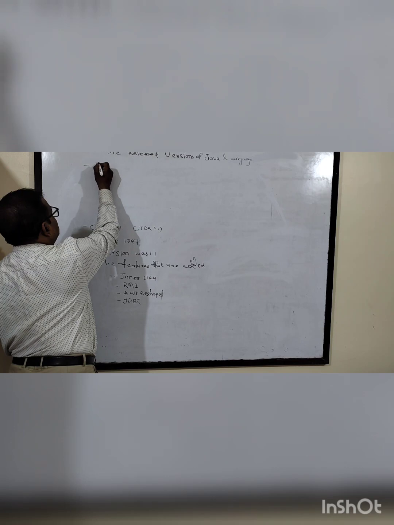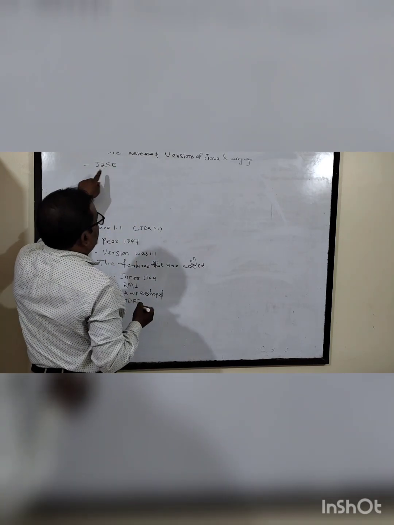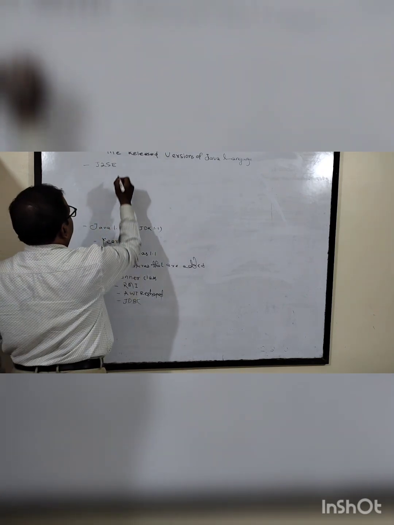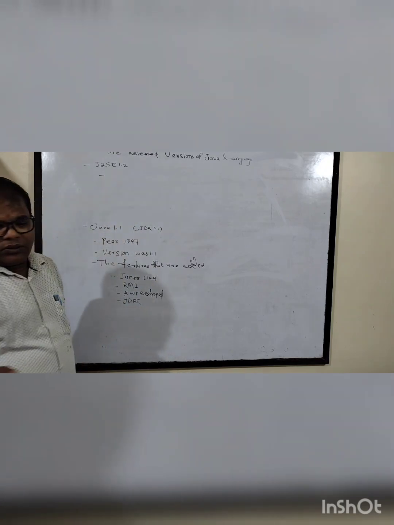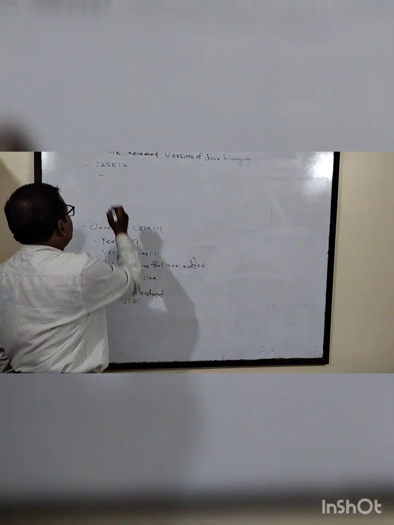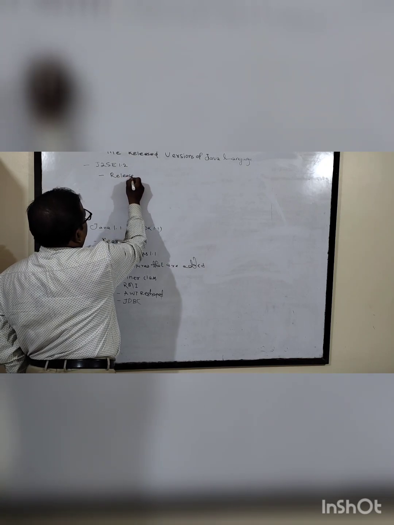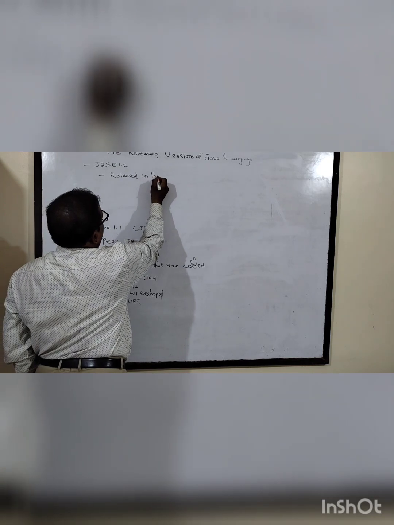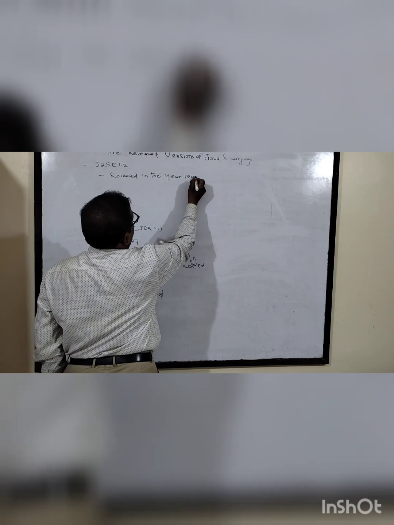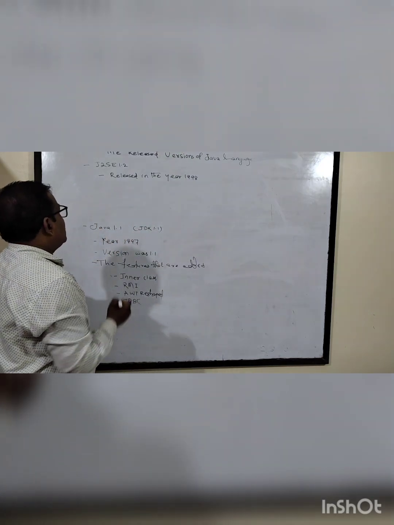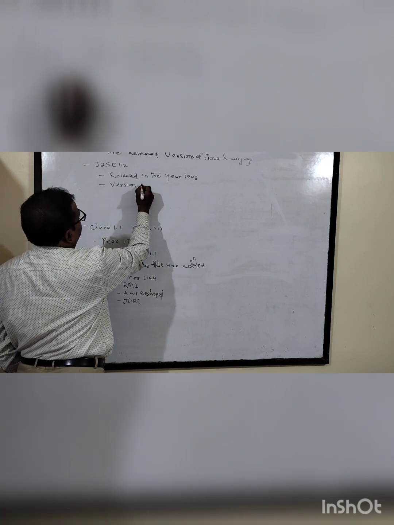The name is called J2SE, Java 2 Standard Edition, and hereafter the version 1.2 was released in the year 1998.